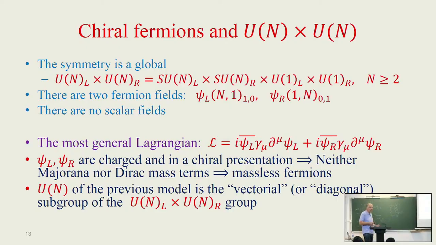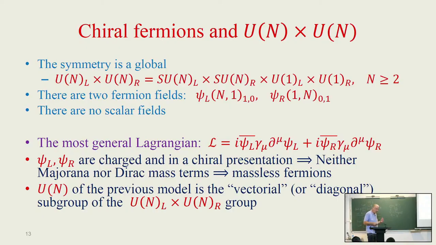So now, first of all, both are charged under one of the factors here. And second, they transform differently under the group. One of them transforms under UN left, the other under UN right. There is no way to write a product of them that is a singlet of the entire group, and therefore also the Dirac mass terms are forbidden, and all you can write is the kinetic terms.